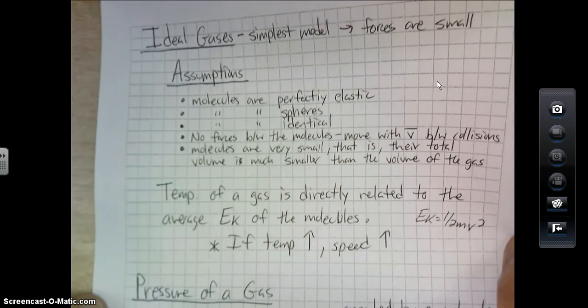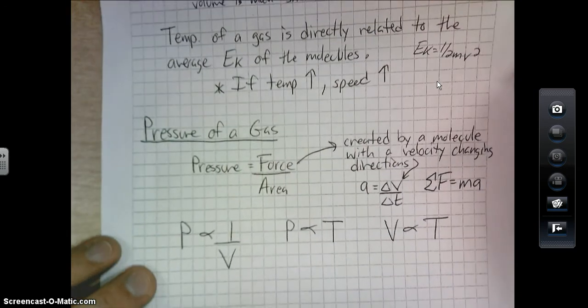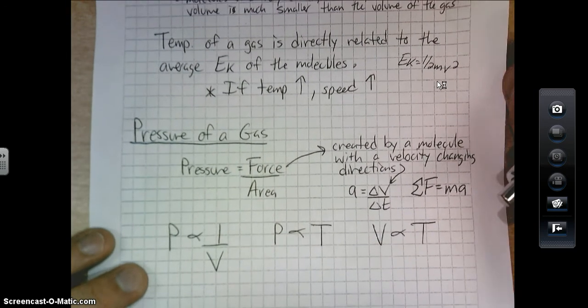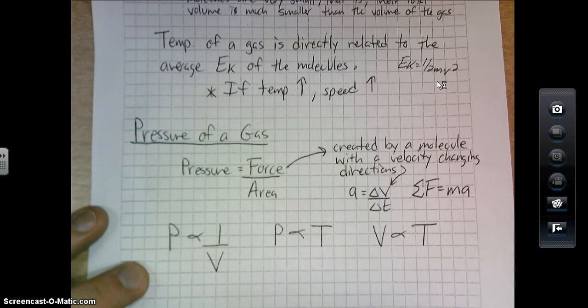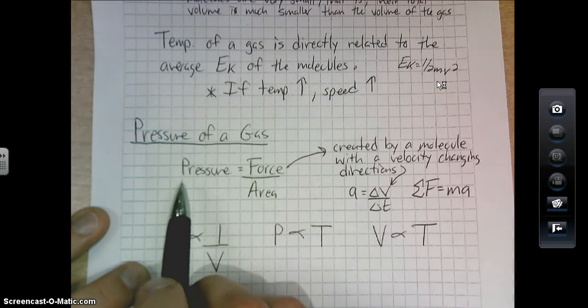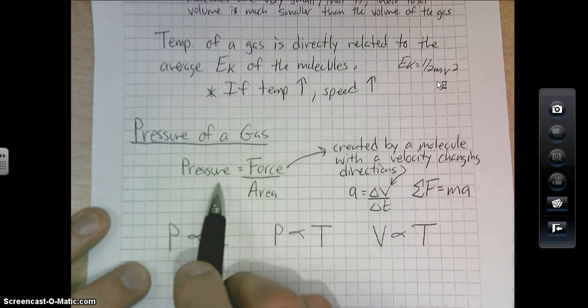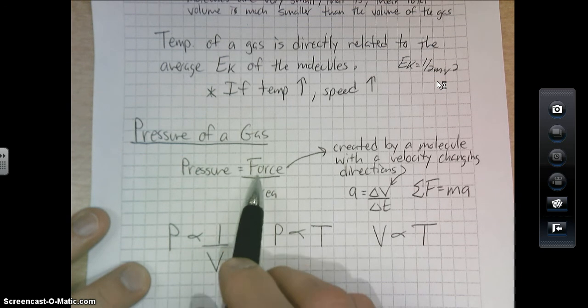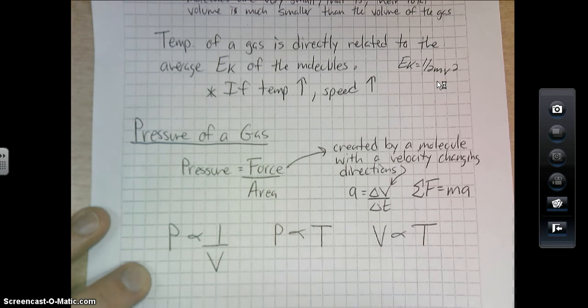Okay. From your chemistry course, you should understand some basic connections between pressure and certain other things. Just right off the bat, a reminder that pressure is basically defined as force per unit area. And I've written a little side note here that force is really created by a molecule with a velocity that is changing direction.